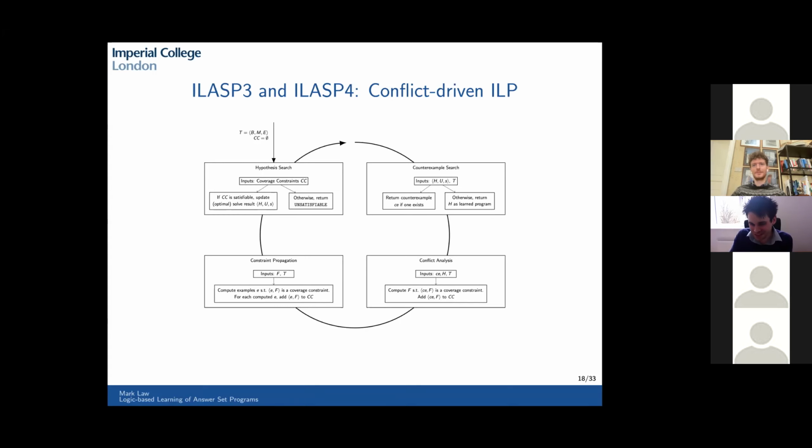But basically, what we're trying to do is translate this counterexample into what we call a coverage constraint, which is effectively just a Boolean formula over the hypothesis space that says, for instance, you have to have at least one of these rules in the hypothesis in order to cover the example, or none of these rules, or some Boolean combination of those kinds of formulas.